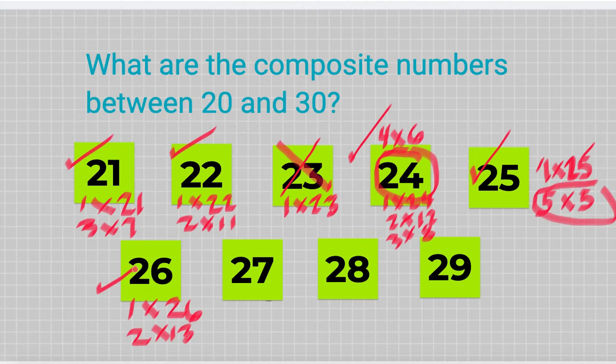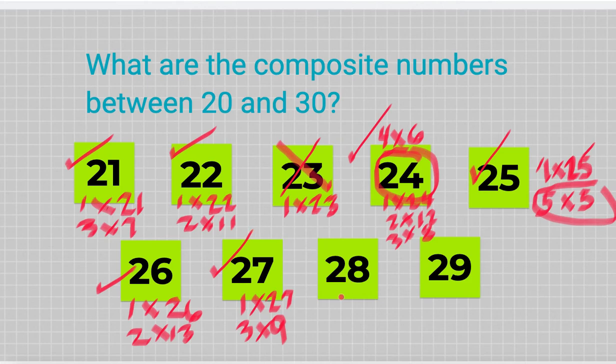Now, this is the right time for us to check whether it is a prime or composite. The factors of 27 are 1 times 27, and there are still two numbers, 3 times 9. So, we can answer the question now. 27 is a composite number.